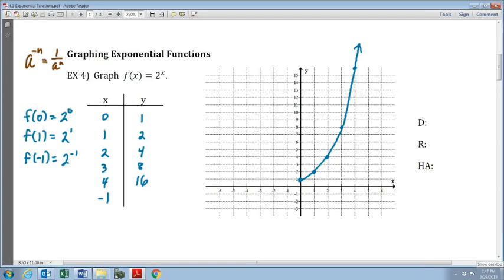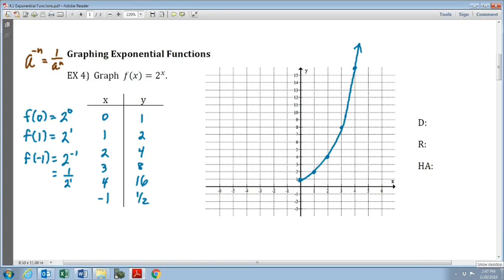We have a positive answer here. What I always tell students is negative exponents lead to reciprocals. That's what we have here, 1 over the same base to a positive power. So let's use this rule here. It's going to be 1 over 2 to the 1st power, which is 1/2.